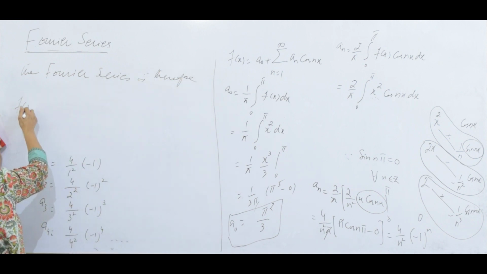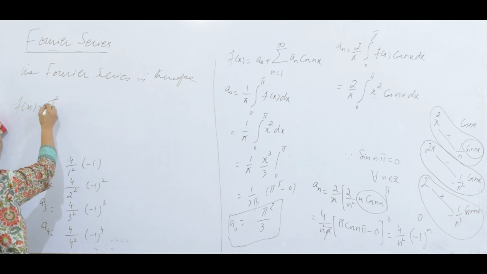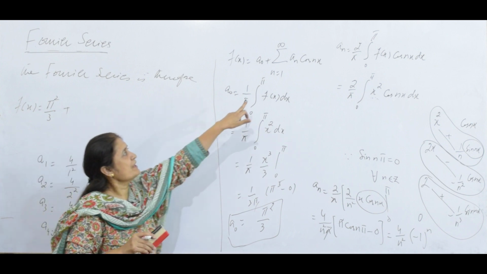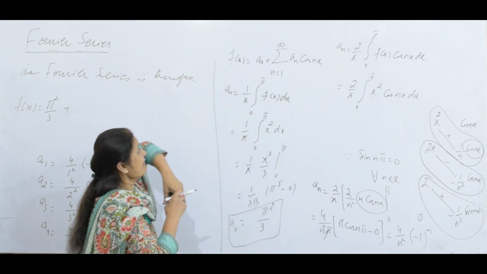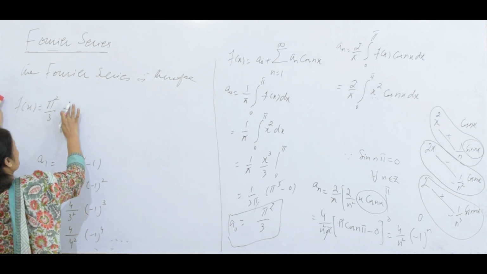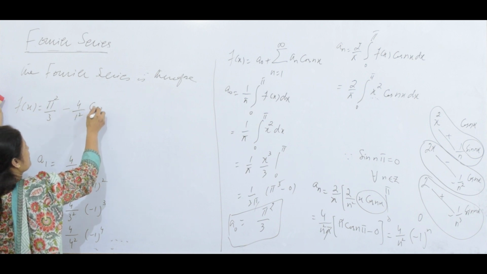f of x is a0. A0 is pi square by 3 plus. Let me have sigma notation. A1 cos x. A1 is 4 over 1 square. So this is 4 over 1 square cos x.